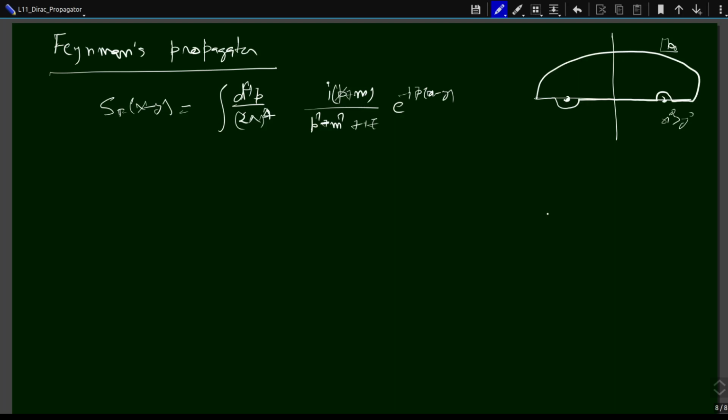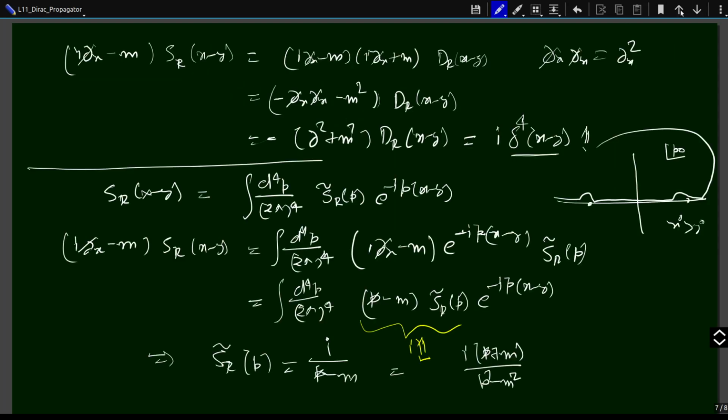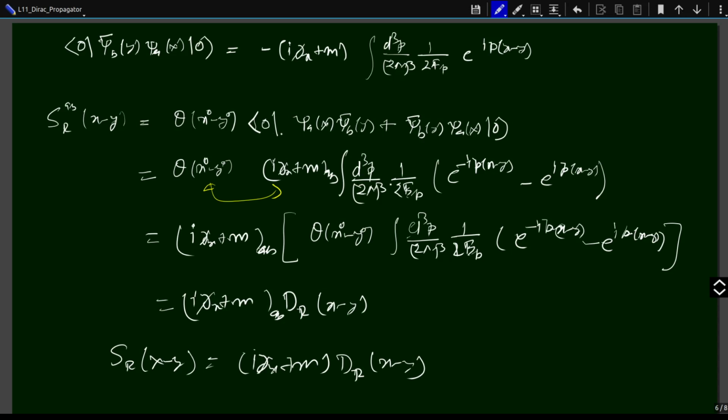Not picking both the poles, what it amounts to is that when I'm writing my S_F, I have two terms. Pick the one pole, it means pick only one term of this, which is the first term. In the case of x naught greater than y naught, I should have had only this term. But when y naught is greater than x naught, then I should have had only the second term.